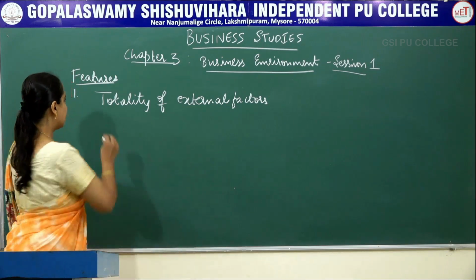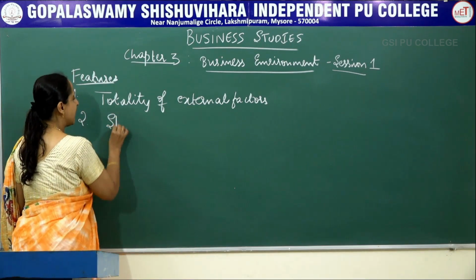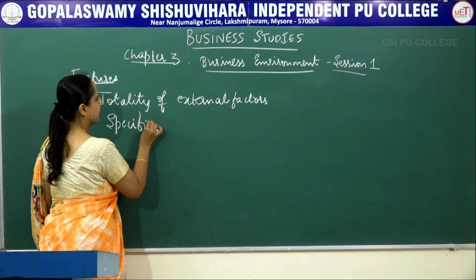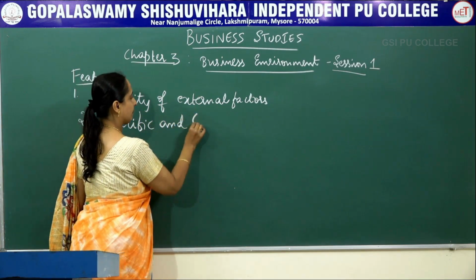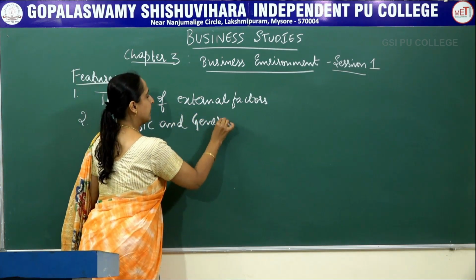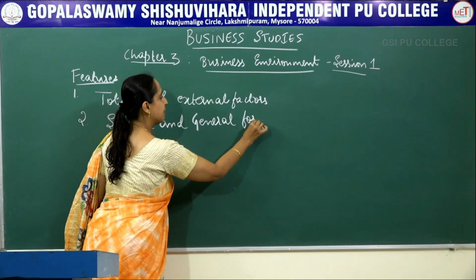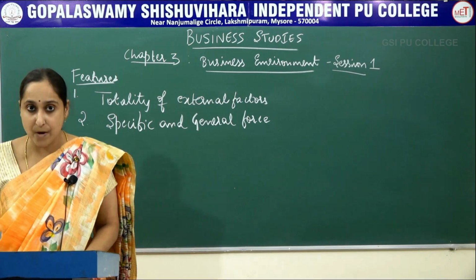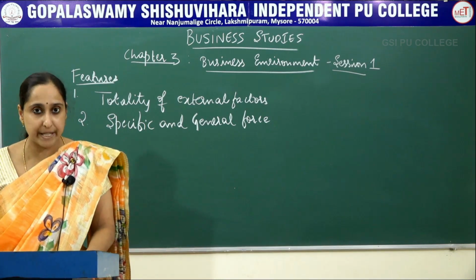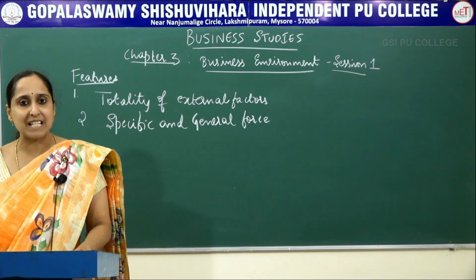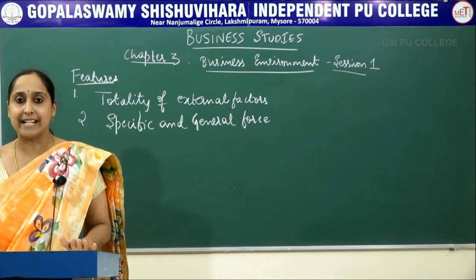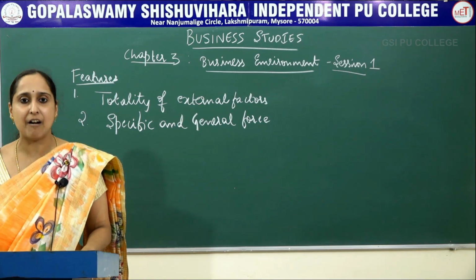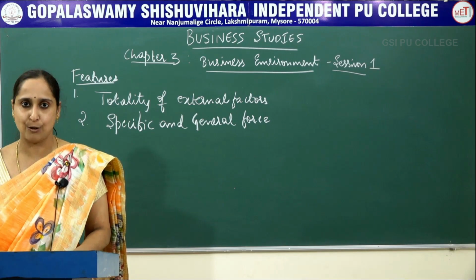Second one is specific and general force. Here specific force means customers, investors, suppliers, competitors. So these are the specific forces which directly and immediately affects the day-to-day operations of the business.